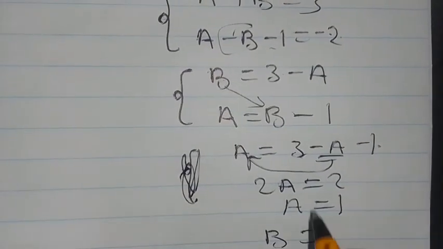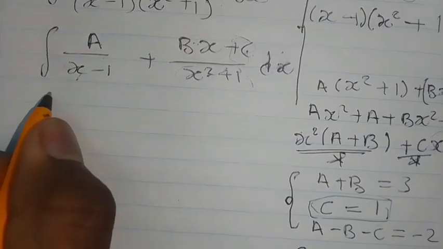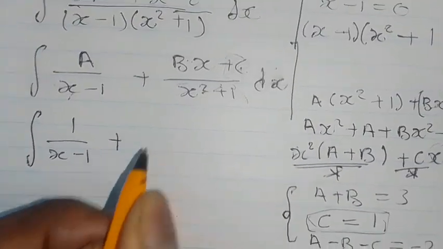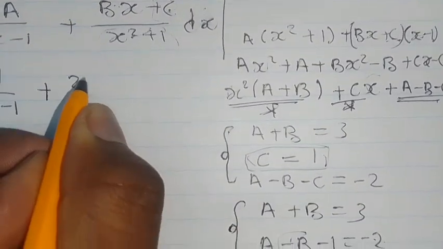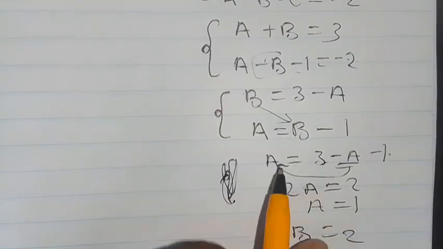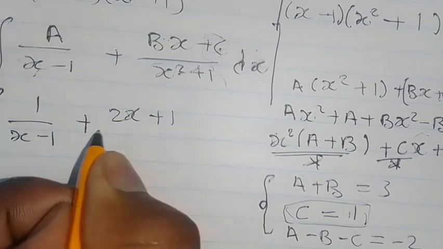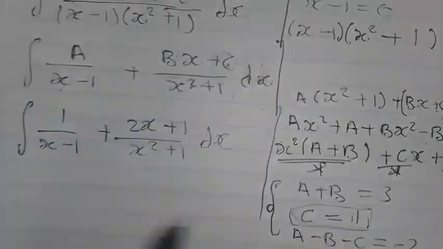Then if a equals 1, then b equals 2. Okay, so we have the values now. A equals 1, so we can express this as x minus 1. And b is the same as 2. Then I have 2x and c, the value of c is 1 there. Then you have 2x plus 1 divided by x squared plus 1 dx. Then you have something like this now.